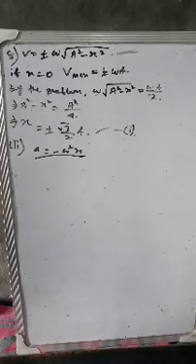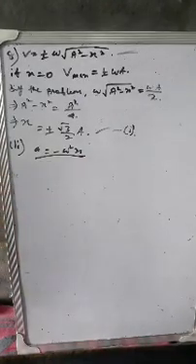So when its displacement is one half of its maximum displacement, that is the amplitude, then its acceleration is also half of its maximum acceleration, isn't it? I'm repeating once again. When your displacement is one half of its maximum displacement, that means we are talking about the amplitude part, then your acceleration will also be half of its maximum acceleration, because they are directly proportional to each other.